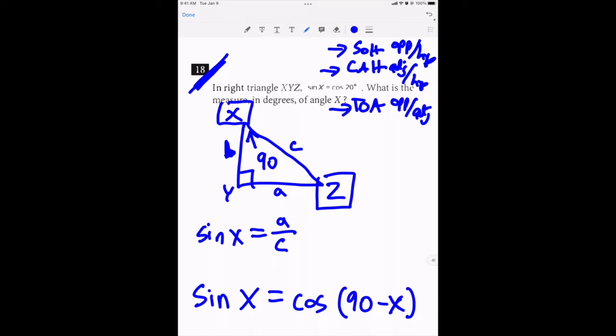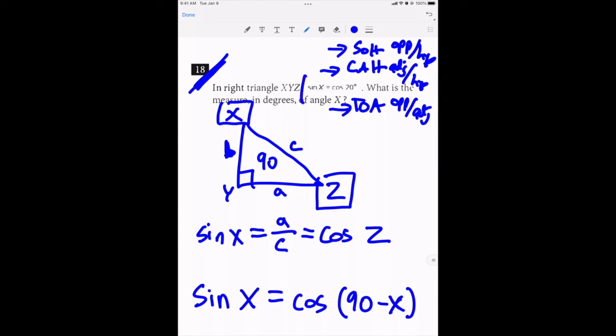And so if I look at z, which we know has to be the complementary angle to angle x, let's look at the cosine of that. The cosine of z is equal to, well, look at that. The adjacent side is A and the hypotenuse is C. It's the same thing. So the sine of x has to equal the cosine of its complementary angle.